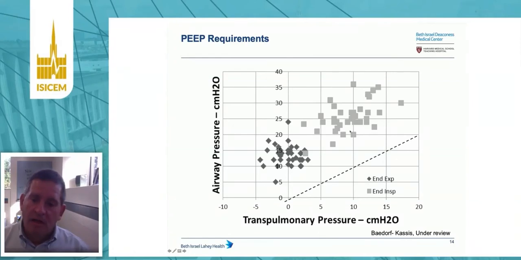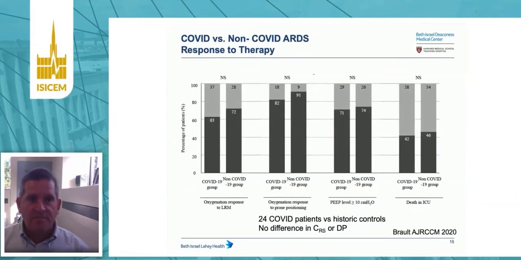And while the upper limit of normal for end inspiratory transpulmonary pressure in mechanically ventilated patients isn't well defined, an end inspiratory pressure of greater than 10 does indicate a relatively sick lung, and many of these patients fall into that area as well. So the data from the in-depth respiratory mechanics using esophageal pressure measurements seems also to indicate that these patients are what we would call typical ARDS.